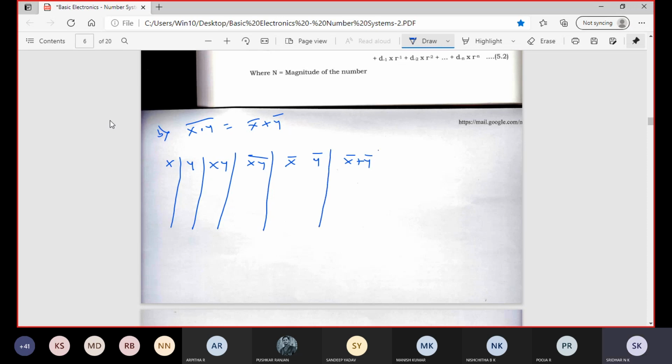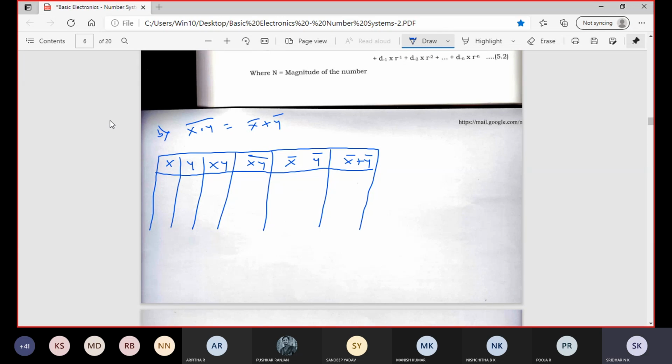Why do we need it? We don't need it, no? Check whether we need that anywhere. Is x plus y required for this case? No, sir.